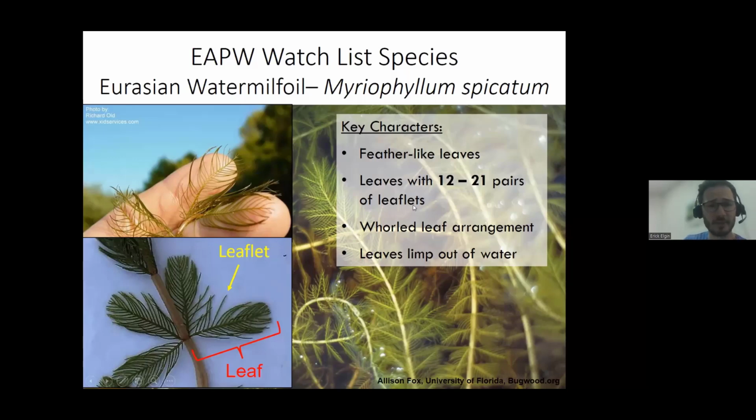A secondary thing that's helpful is that if you pull it out of the water, it drapes over your hand. That is a character of Eurasian water milfoil compared to the native milfoils, which would actually still stay erect. The leaves are still very robust. So again, it's really down to feather-like leaves, more than 12 leaflets per leaf.